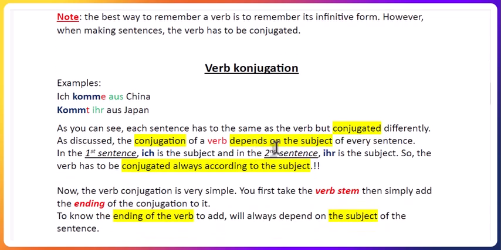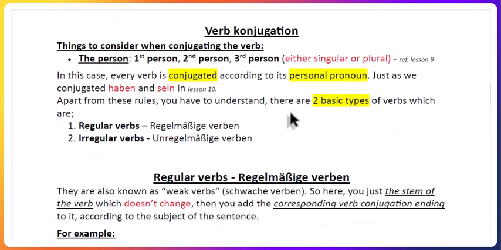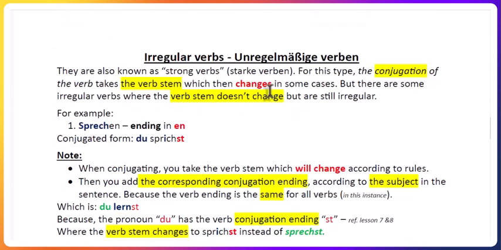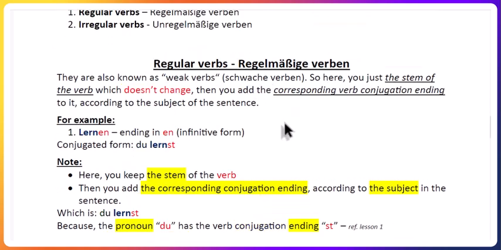In our examples, it is en. With regular verbs, you don't have to worry about conjugation, because you only think about the ending. The stem doesn't change.